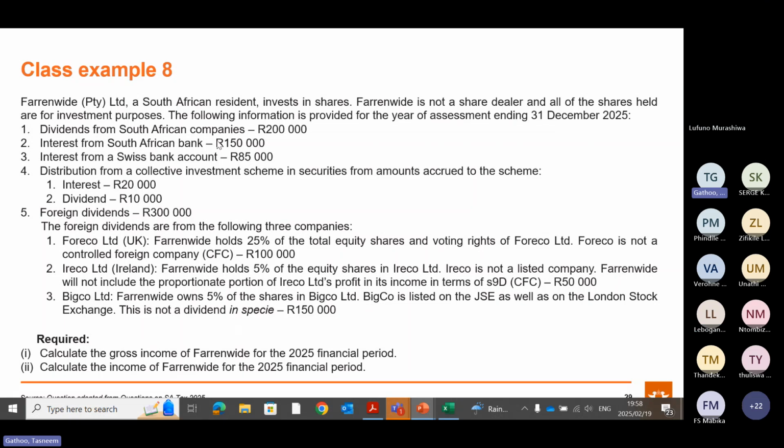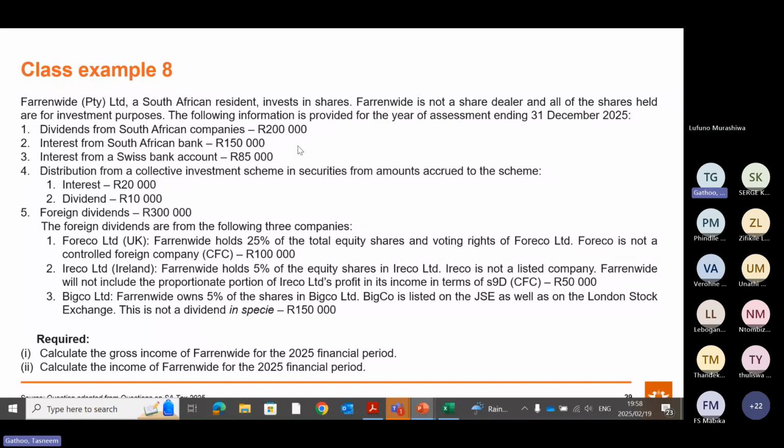This brings us back to the concept of capital versus revenue and the tree and fruit case, where the investment in the shares is considered to be your capital investment, which is the tree, and the dividends and interest coming out of it is the fruit, which is considered revenue in nature.